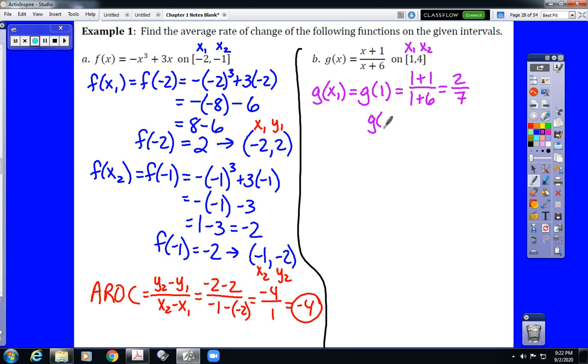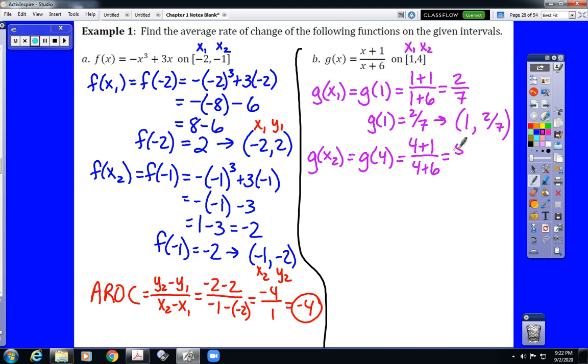That implies that g of 1 is 2/7, which means we have the point 1, 2/7 to use in our average rate of change. G of x2 is g of 4, or 4 plus 1 over 4 plus 6. That is 5 over 10, or 1/2. So g of 4 is 1/2, implying the point 4, 1/2.